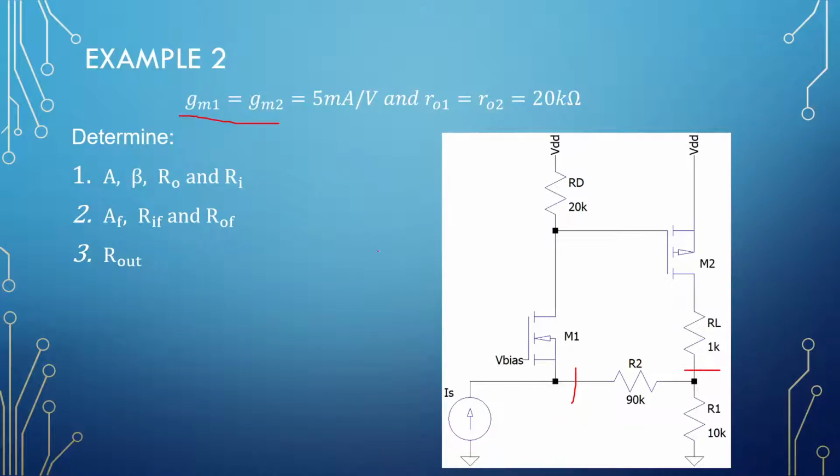The two transistors are biased at the same transconductance, so 5 milliamperes per volt, 5 milliamperes per volt. Output impedance of both is 20 kilo ohms, and we need to find all the factors: the gain, the feedback, the input, the output, and gain with feedback applied, and then the output impedance without the load.